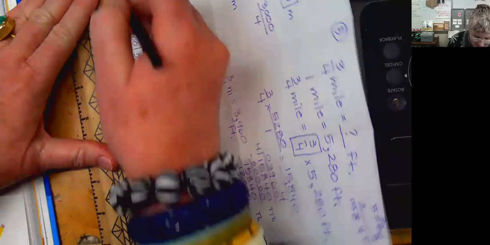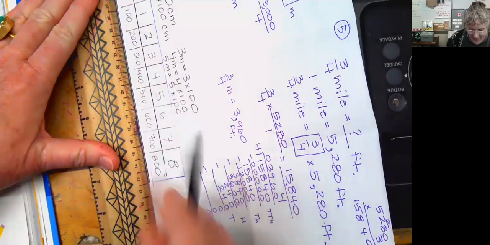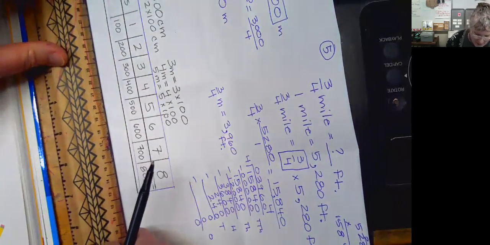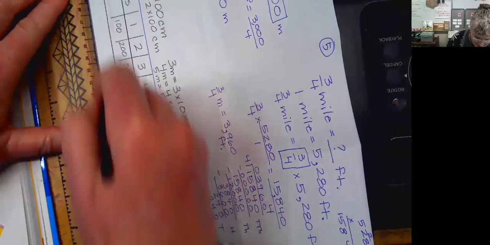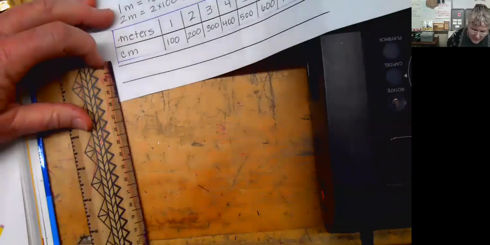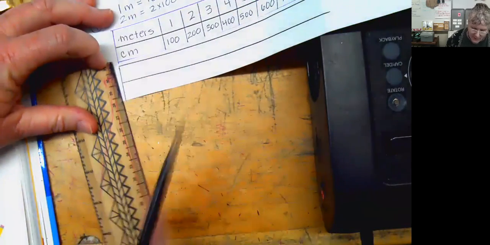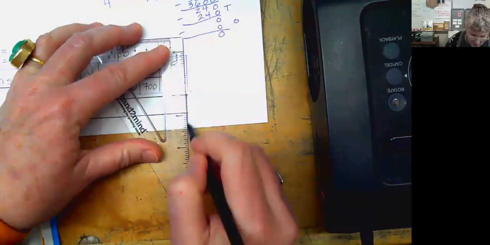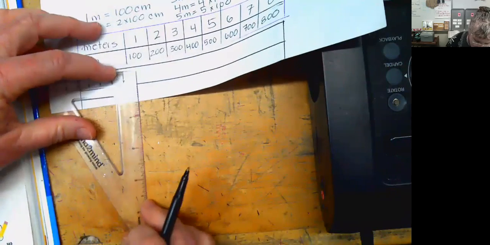All right, so we're going to do another one. We'll just do it down here, down below. We'll do number 2. And number 2, we also need 7 boxes.